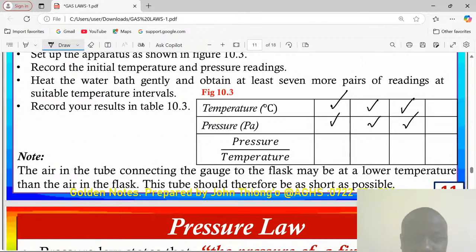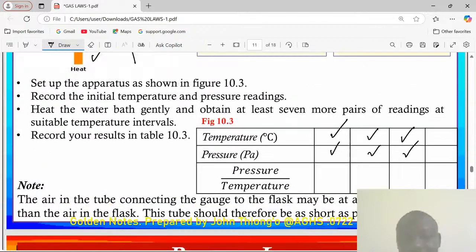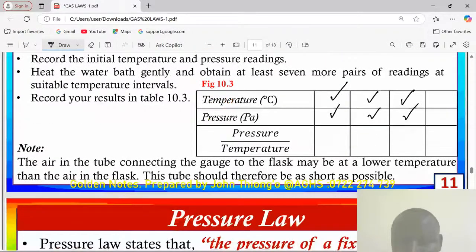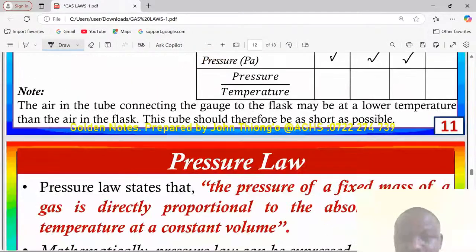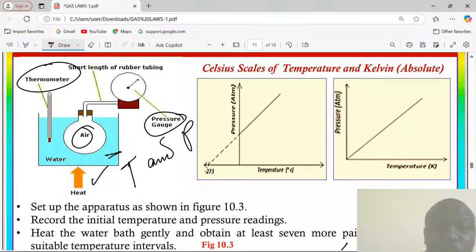It's good to know that the air in the tube connecting the gauge to the flask may be at a different temperature than the air in the flask. This tube should be as short as possible. The tube should not be very long, because it might contain some air which is at a different temperature from the one inside here.